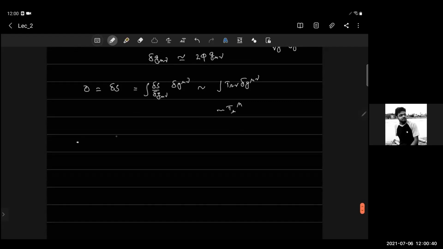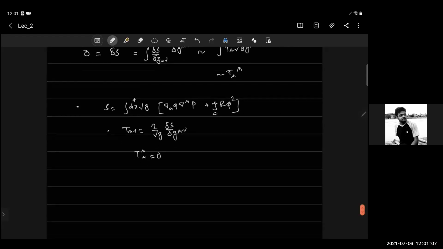So what you do is you have an action which is Weyl invariant: integral d^dx root g, del mu phi squared plus zeta R phi squared. You compute the stress tensor and demand the trace to be 0. That will fix the value of zeta. I'm giving you the value of zeta: it is (d minus 2) over 4(d minus 1).